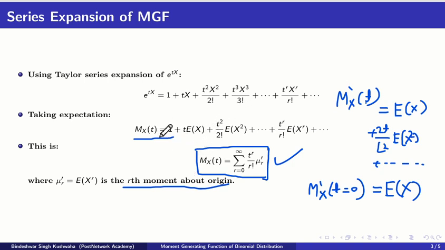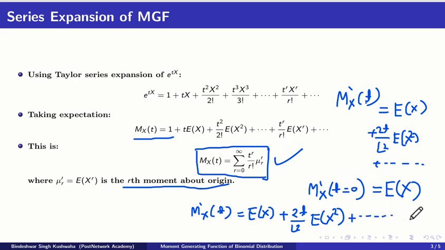Now differentiate it 2 times. What will we get? M_X double prime of t gives E[X square] plus terms that contain t, and I am not writing them because I don't need them.